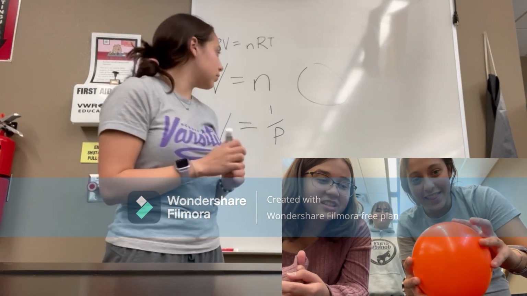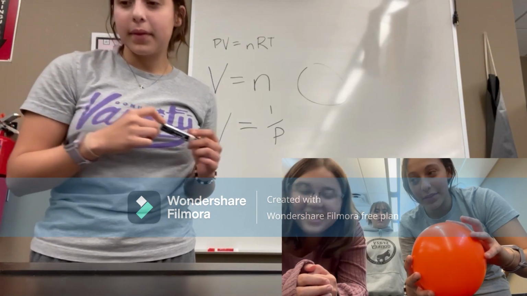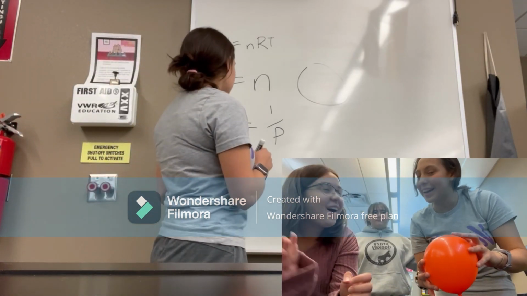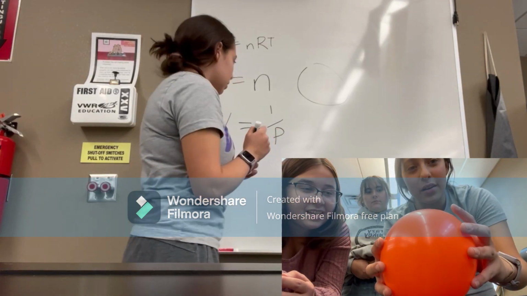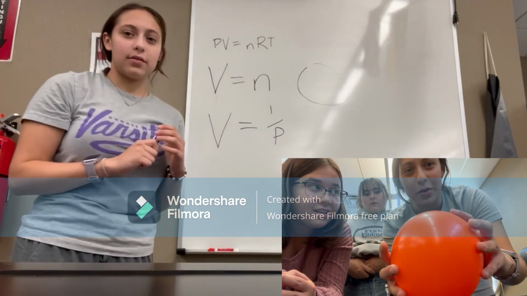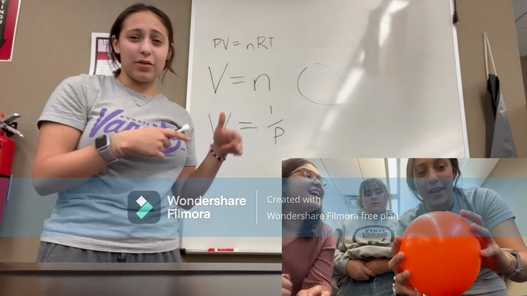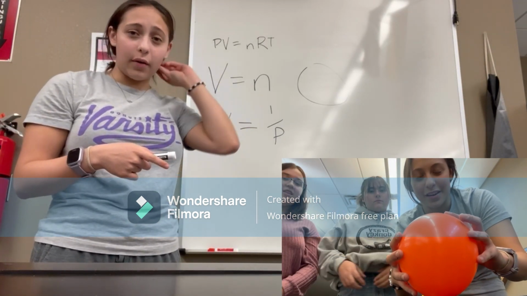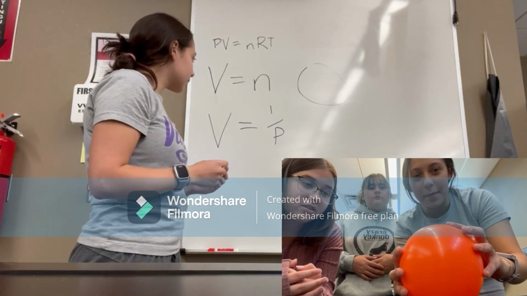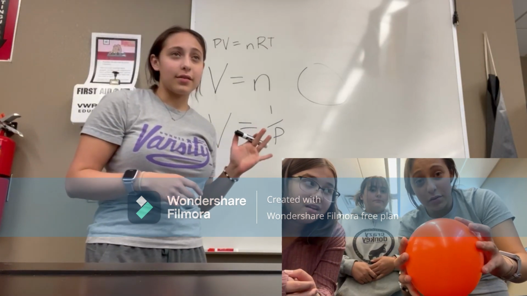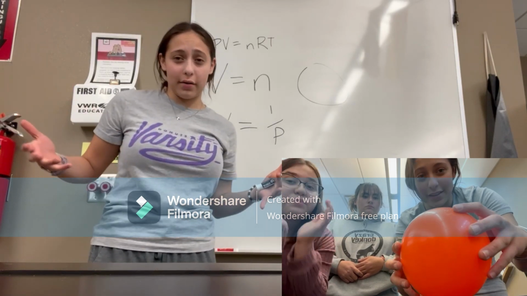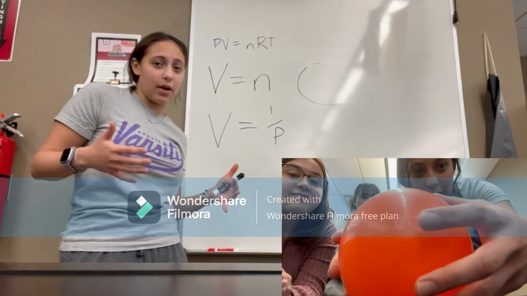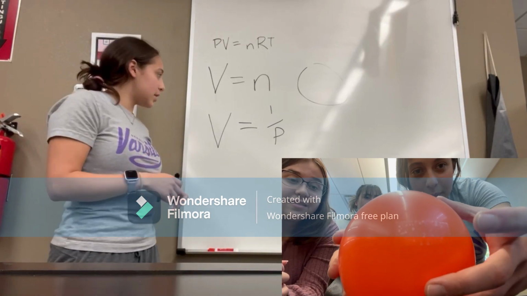When volume increases, pressure decreases. That's why it's the inverse, because the inverse is opposite. That's why the pressure in the balloon is much higher than the pressure around us, and that's why the air wants to escape.